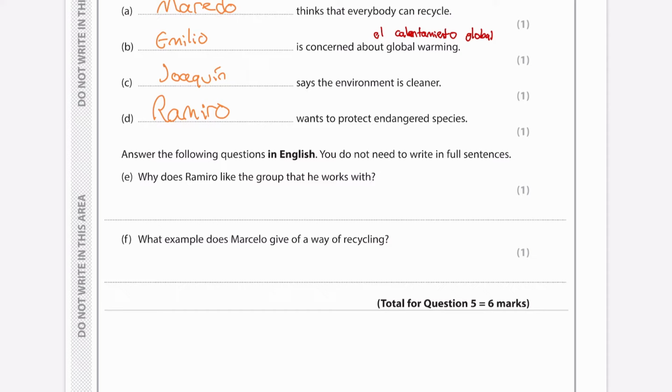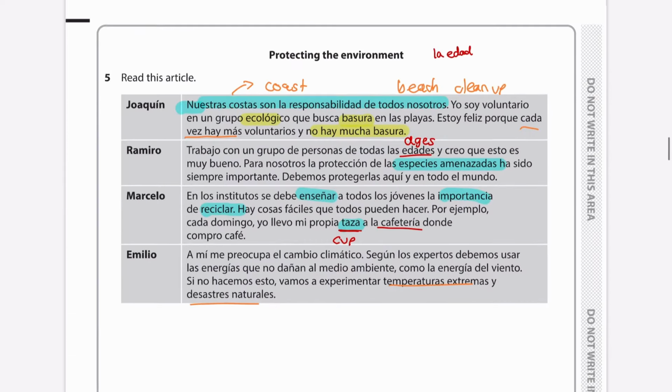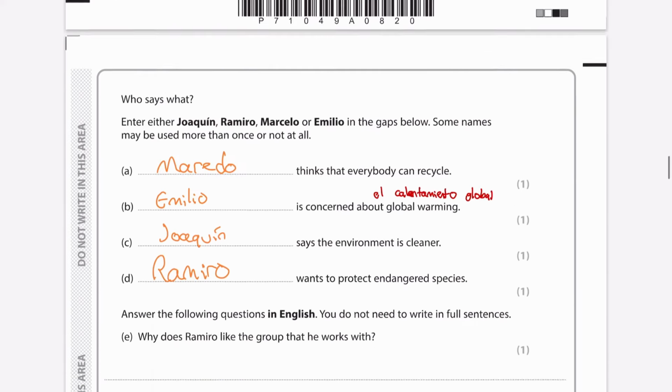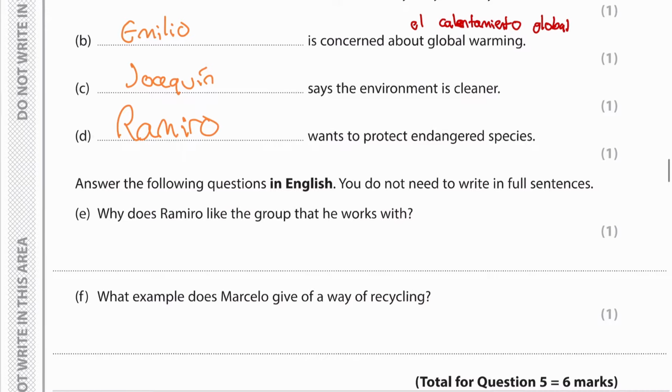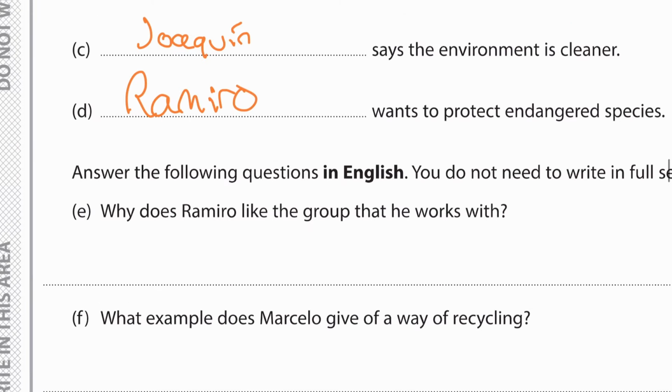Actually, it continues on with Ramiro on this one as well. So, why does Ramiro like the group that he works with? Let's double check. Oh, yes, ages. He likes it because they're different ages. Trabajo con un grupo de personas de todas las edades. Yeah, he likes that. So how would we word this in English? Why does he like it?